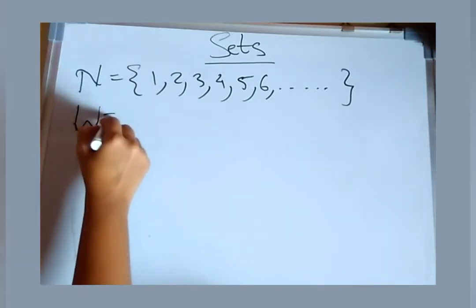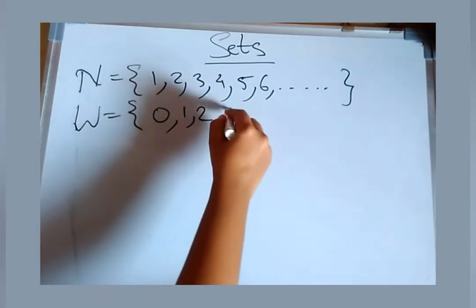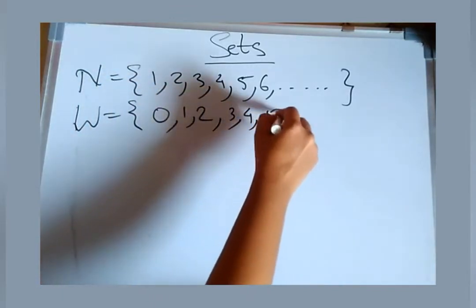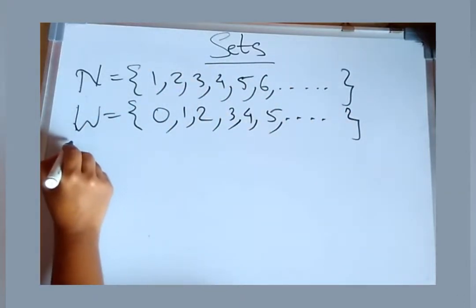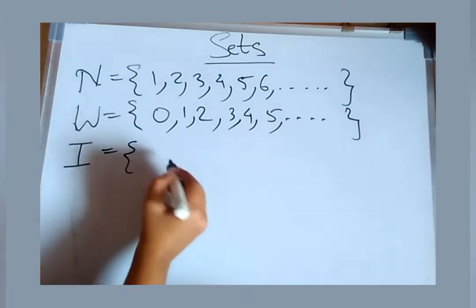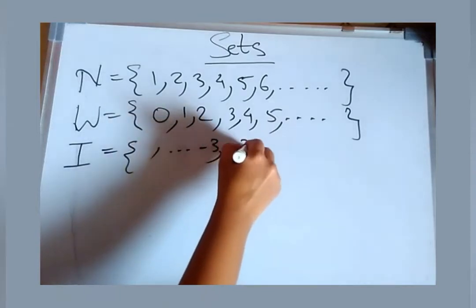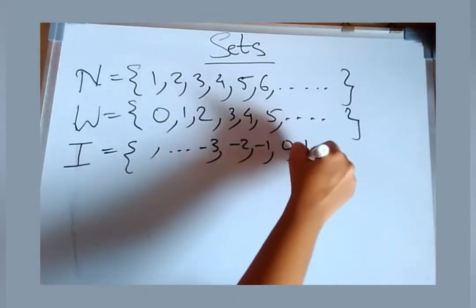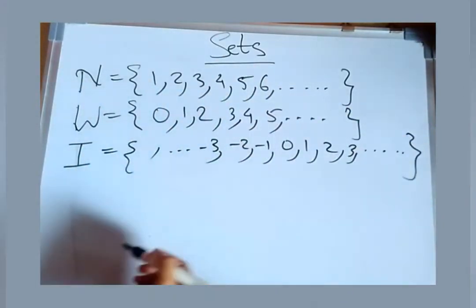The next fundamental set is the set of whole numbers, which starts with 0 and is otherwise the same as the natural numbers. Next is the set of integers: -3, -2, -1, 0, 1, 2, 3, continuing on both sides.